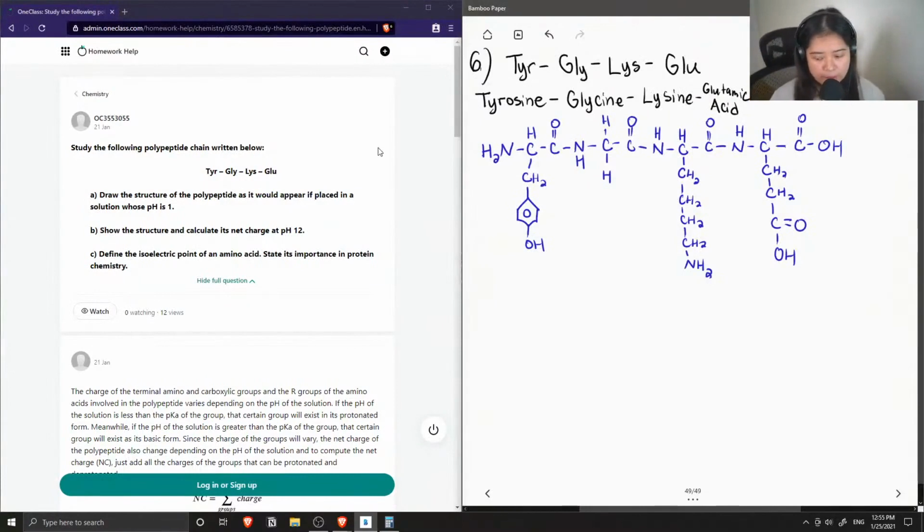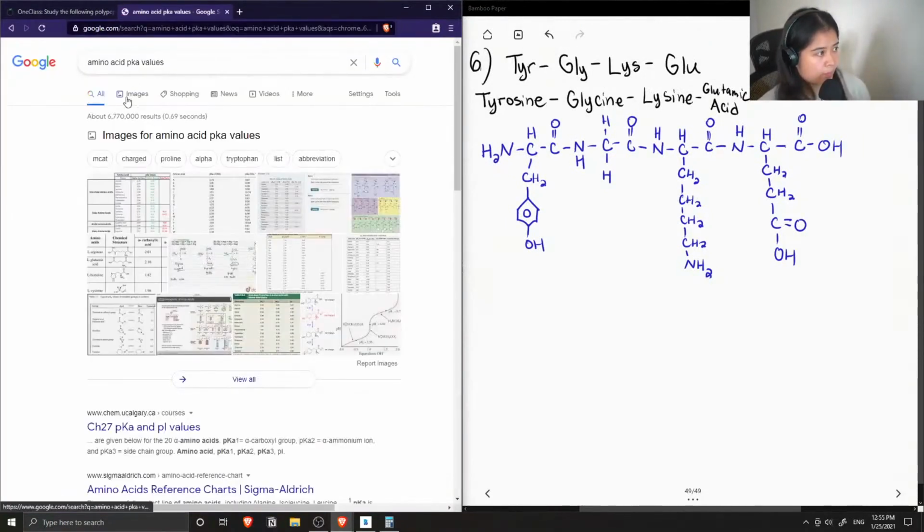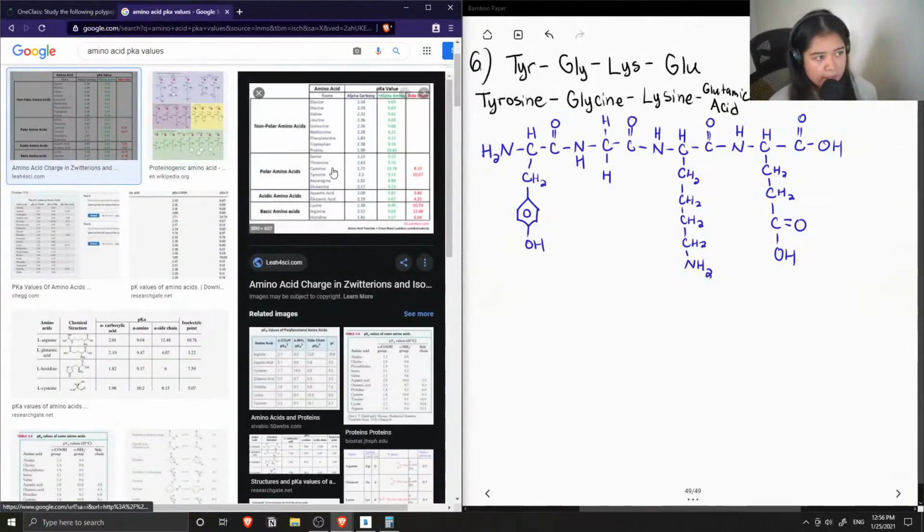Okay, so now that we have the structure written out, we're going to look up the different pKa values of these amino acids. Here's a nice chart that summarizes all the different pKa values of these amino acids. Notice that they have it for all of their carboxy groups, all of their amino groups, and also for all of the side chains. So let's look at tyrosine first.